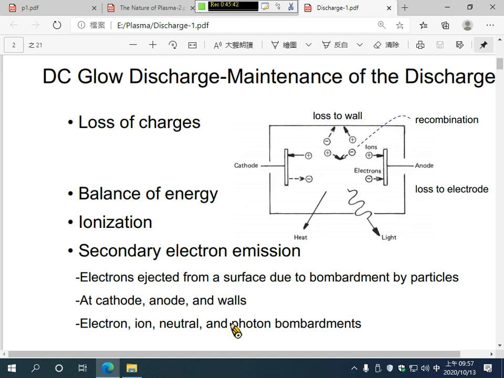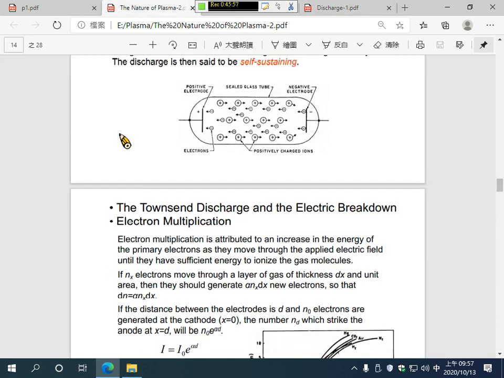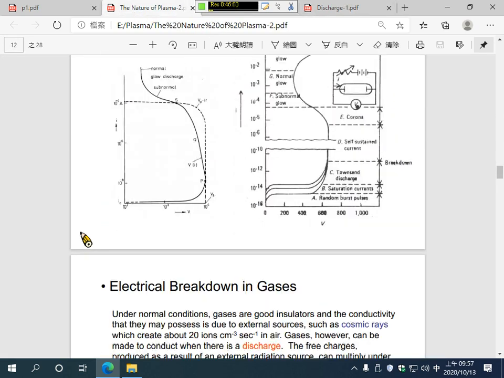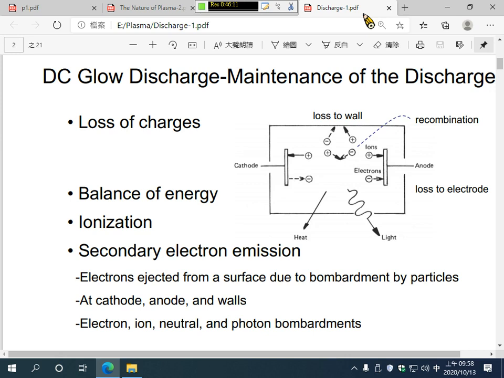You need a certain density of ions and electrons to keep a stable plasma. Otherwise the plasma will fall into a region of non-self-sustaining plasma, or the plasma will extinguish fast. So once you generate the plasma, you need to know whether you can keep the density of electrons and cations at a certain value.